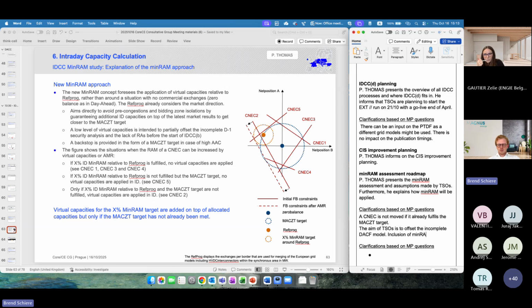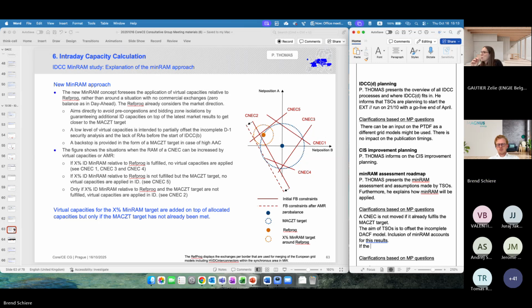Yeah, maybe to be fully precise, of course, there could be situations with a negative RAM if the MAC-CT target of 70% is fulfilled, because then we won't shift. So there could be still negative RAM in the flow-based domain, but it's less likely. If the target is fully achieved already, then you can have negative RAM, for example, if the orange point is outside of the blue circle.